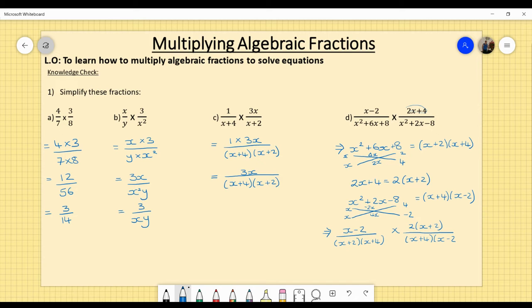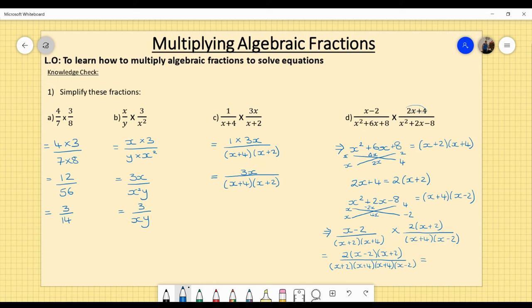And then if I actually multiply it all to give me a final answer, so multiply my two numerators, I'm going to get 2 lots of x minus 2, x plus 2. Okay, so multiplying these two together but leaving it in its brackets. And then on the bottom, it's going to be x plus 2 times x plus 4 times x plus 4 times x minus 2.